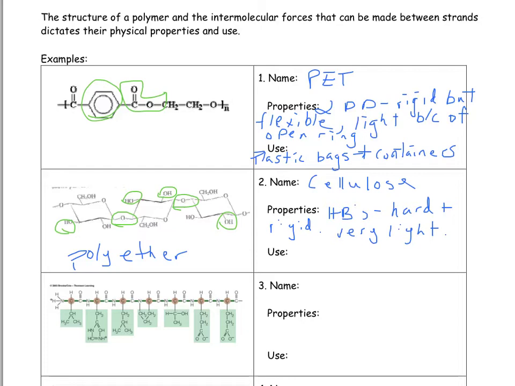Plants use cellulose in their cell walls as a substitute for bones. This allows plants to withstand strong winds and be able to grow straight up against the force of gravity.